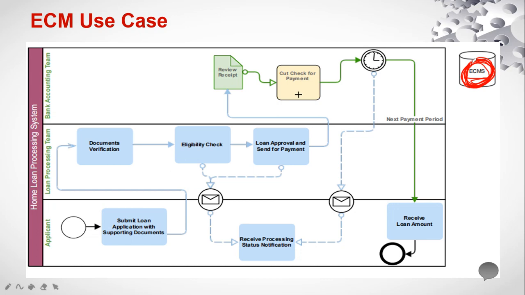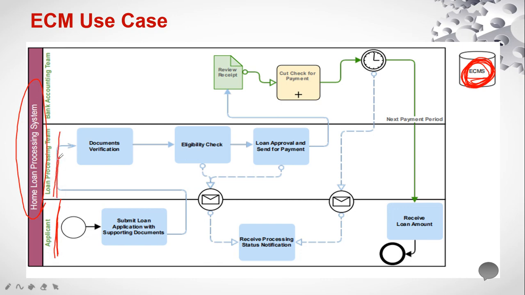So I have a typical home loan application flow here actually. You can see that I have added this home loan application flow here. In this home loan application, I have different activities. I have three different categories of people available here. One is the applicant, and the second one is the loan processing team.